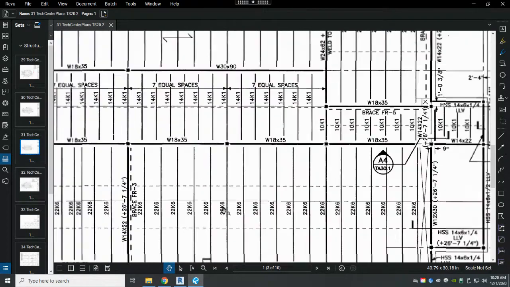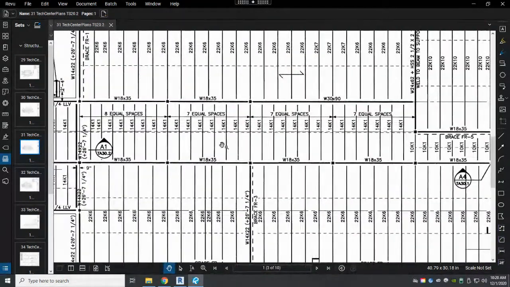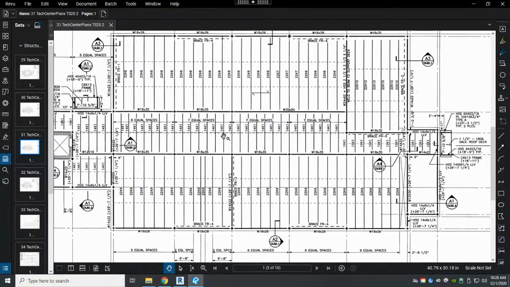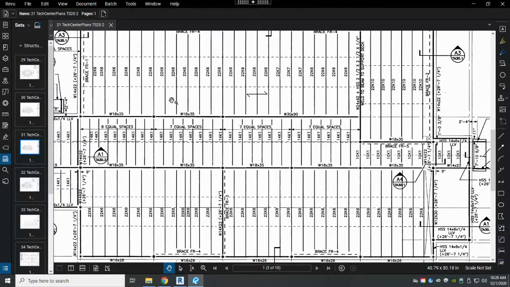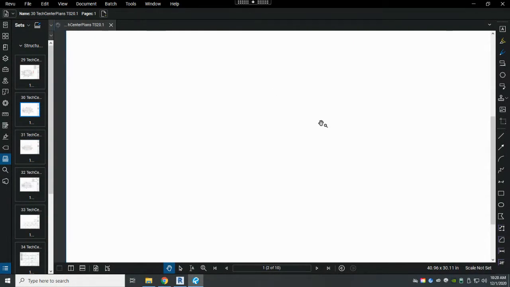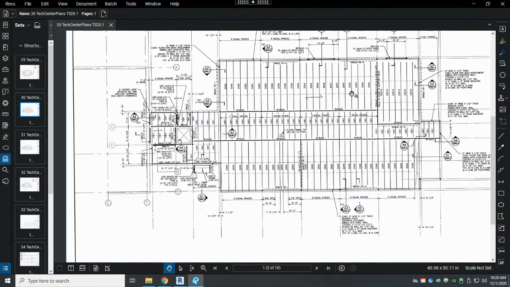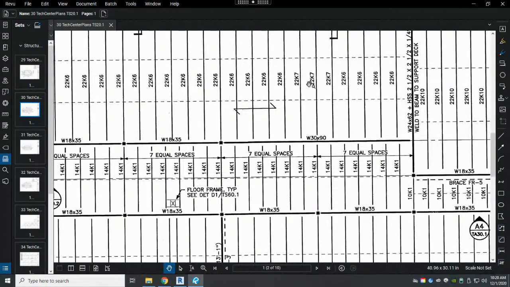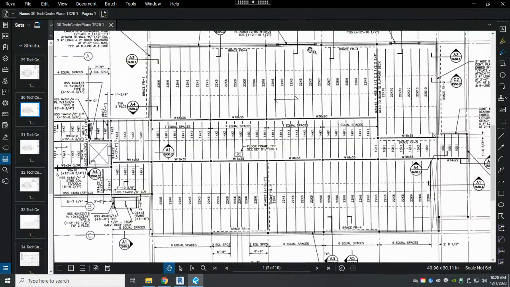Actually, they didn't seem to change any size, so they kept the same exact trusses. We do have 22 K7s here. Let's check to see if we had the same size on the first floor. I suspect, yep, we do have those 22 K7s. And what I would like to look at is whether those are where the condenser unit is going to go in the roof system.